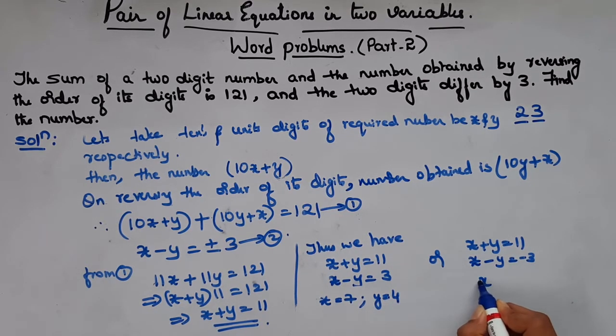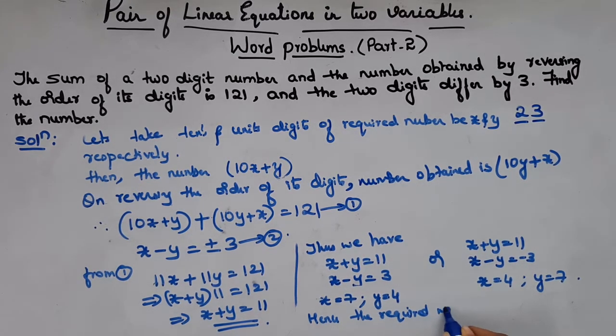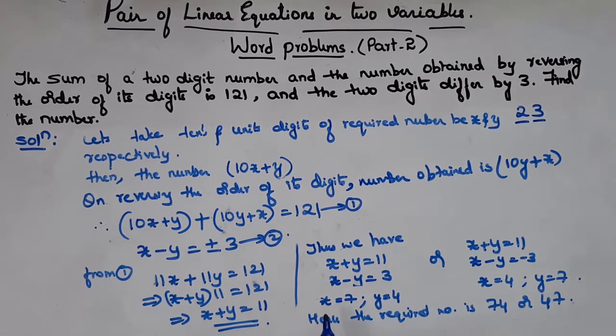In this case, you will get x is equal to 4 and y is 7. So hence, the required number is 74 or 47, right? Here x is your tens digit and y is your units digit.